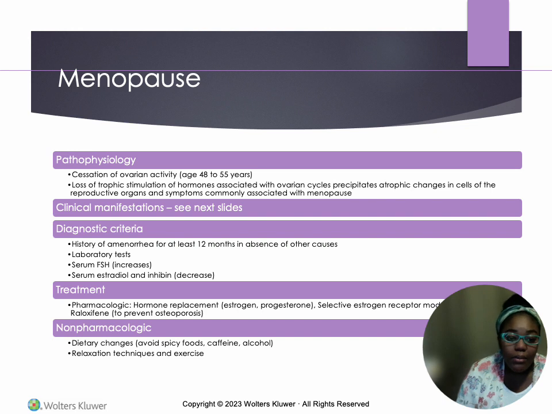Next, we'll talk about menopause, and this is the cessation of ovarian activity. And it can be an alteration because sometimes menopause can happen earlier or later depending on the situation and the individual. But more oftentimes than not, it happens during ages 48 to 55 years old, and you have loss of trophic stimulation of your hormones.